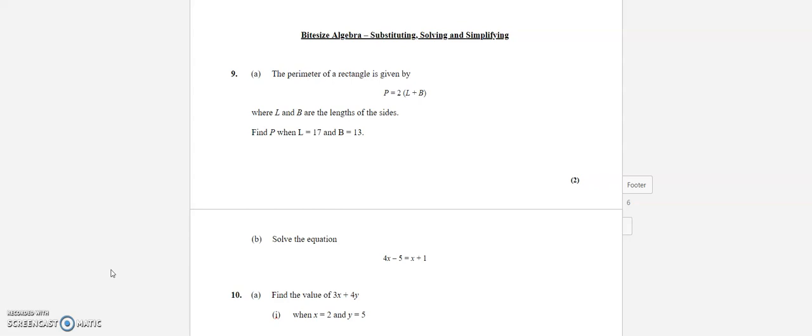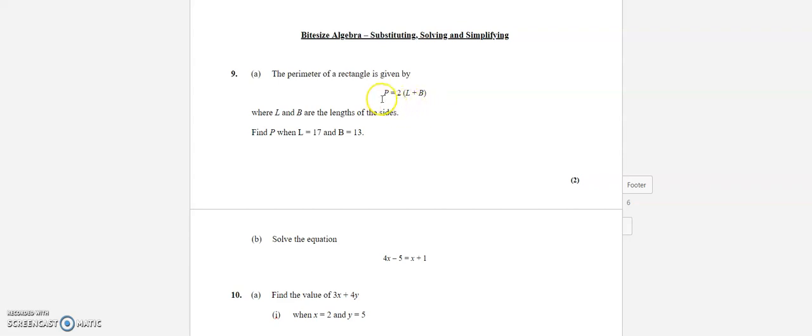So bearing that in mind, we're going to start with this question here, which is, I realise it's 9a on here, but I'm just putting my little subheadings in as we go through the videos. We're looking at the perimeter of a rectangle. So the perimeter is the outside of a rectangle, the measurement of the outside. And the perimeter is given by the formula P equals 2, open brackets, L plus B, close brackets.